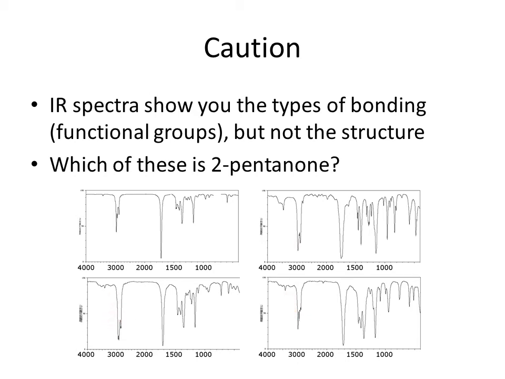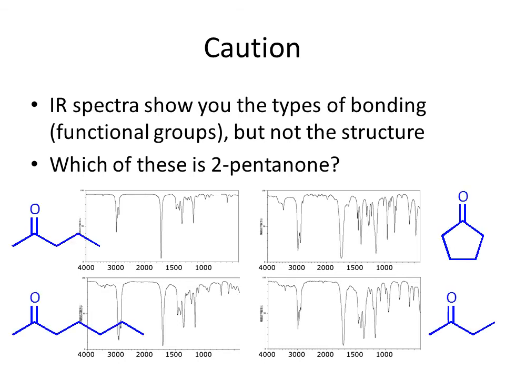Pentanone has sp3 CHs, and all 4 of these have signal just to the right of 3000. None of these spectra have a triple bond signal, and that's consistent with 2-pentanone, and they all have a ketone. We see that signal for a CO double bond. But only one of them is for 2-pentanone, the upper left-hand corner spectrum.